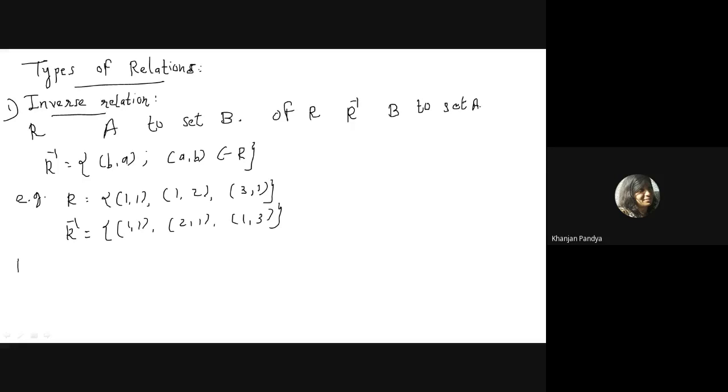So write down a note. If I say that X is related to Y, then it is similar to saying that Y is inversely related to X. Obviously, domain of R would be equal to range of R inverse.